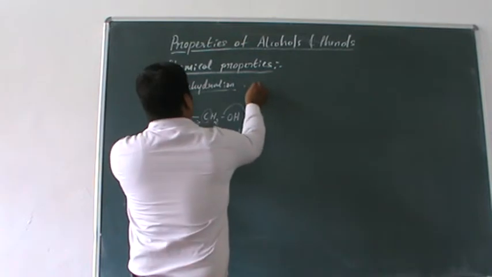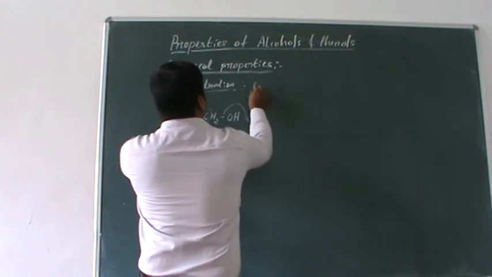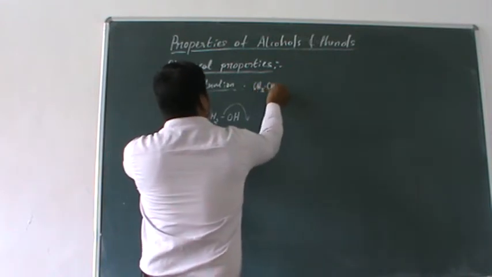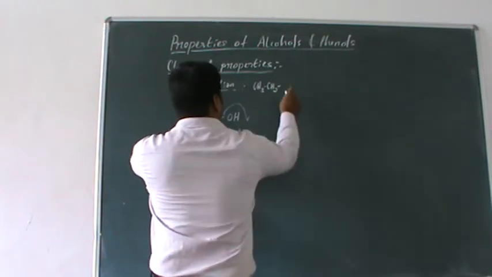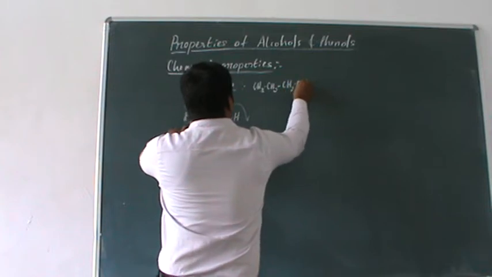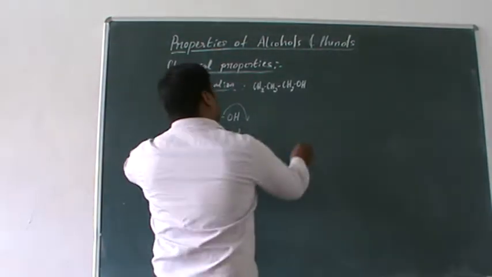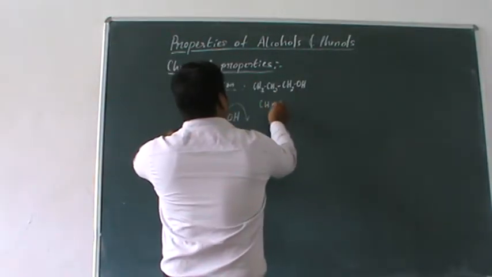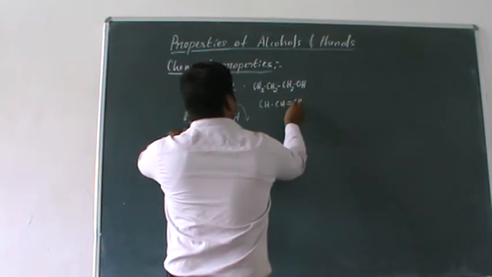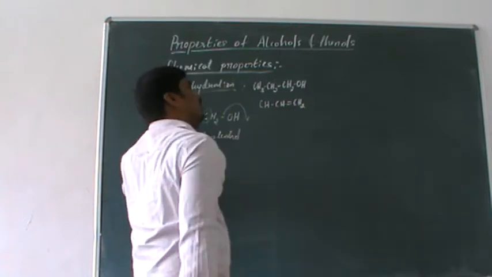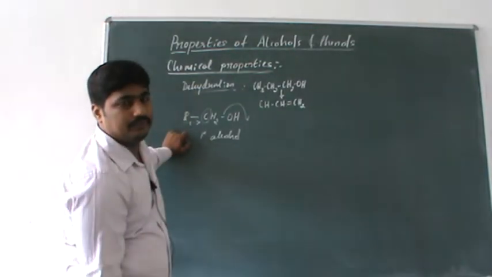We considered propanol, CH3CH2CH2OH. When propanol undergoes dehydration, it produces propene.